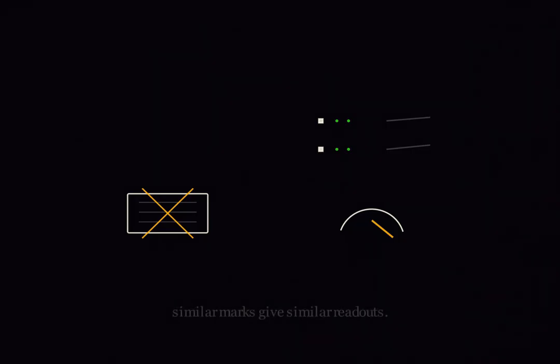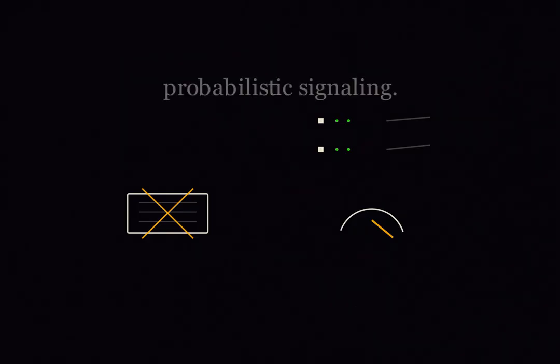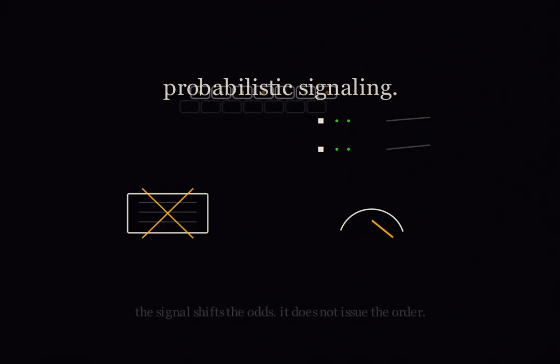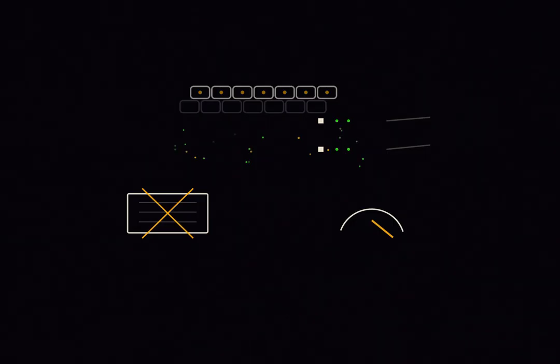Similar marks give similar readouts. The field's own phrase for this is probabilistic signaling. The signal shifts the odds, and it does not issue the order. A climate, not a telegram. A climate makes some weather more likely. It schedules no storms.